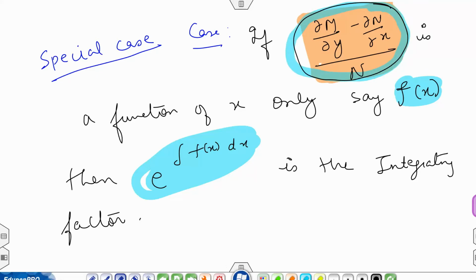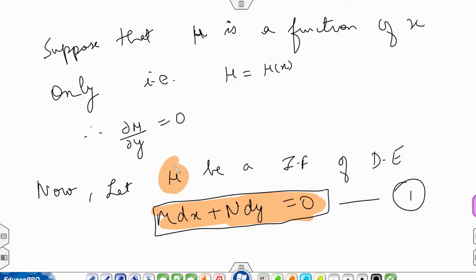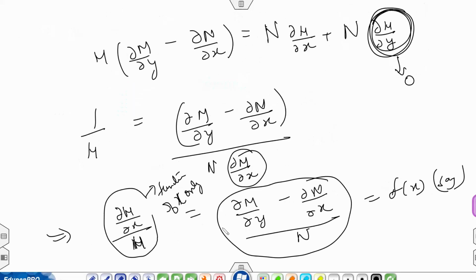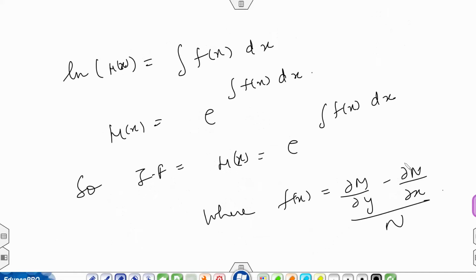So we have proved this, that if we take a mu which we call the integrating factor, and multiply this with the non-exact differential equation 1, then this will become an exact differential equation. Then if it is exact, this will hold true, and then finally we see that our mu x, which we considered as the integrating factor, has this form.